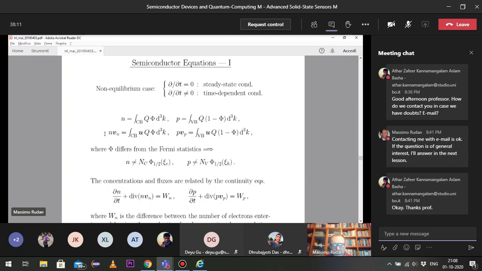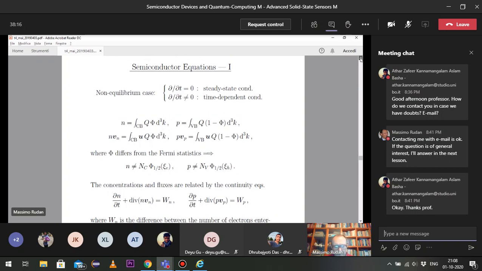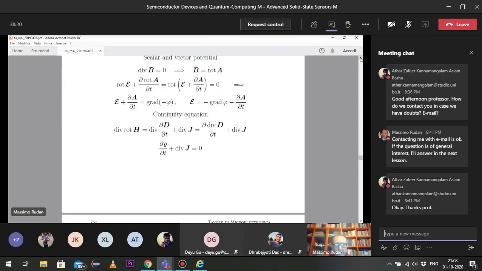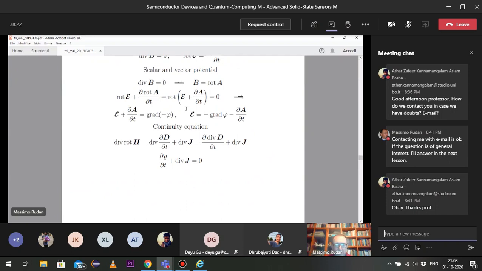And for this we may start from the general form of the continuity equation. Unfortunately, I cannot write, but I can simply state what happens. Take the general form of the continuity equation that is visible in the last line of the page.